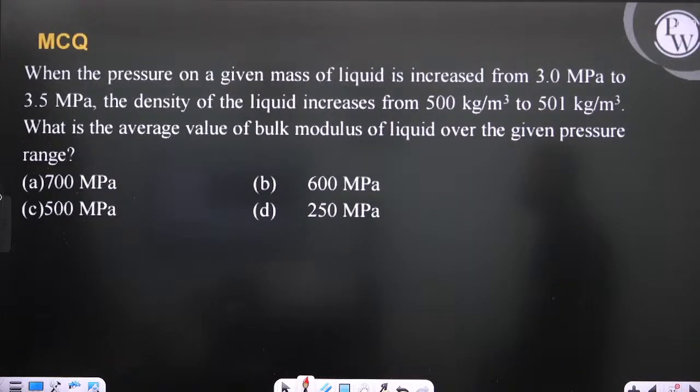Read the question carefully. When the pressure on a given mass of liquid is increased from 3 megapascal to 3.5 megapascal, the density of liquid increases from 500 kg per meter cube to 501 kg per meter cube. What is the average value of bulk modulus of liquid over the given pressure range?